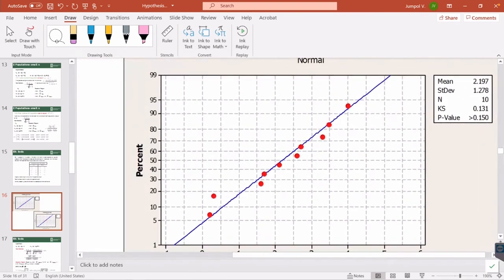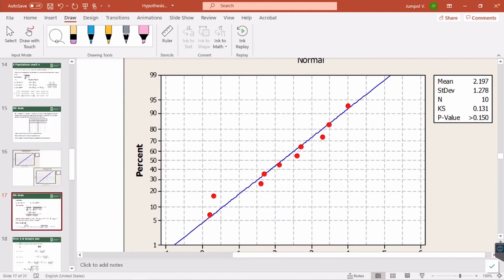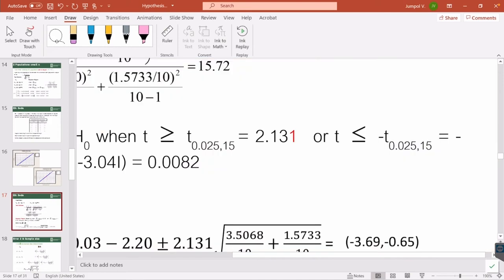So we can assume that both deviations of height are normally distributed. So we can use a t-test for that.